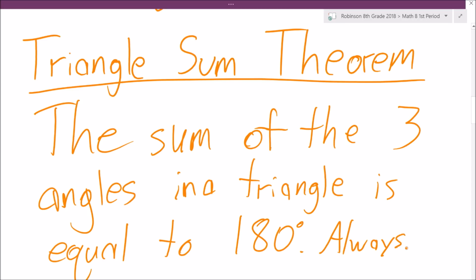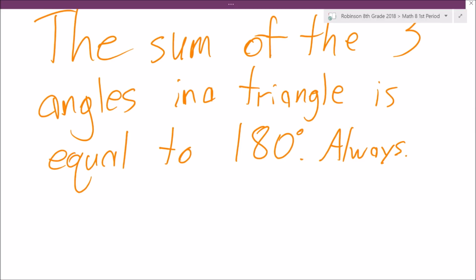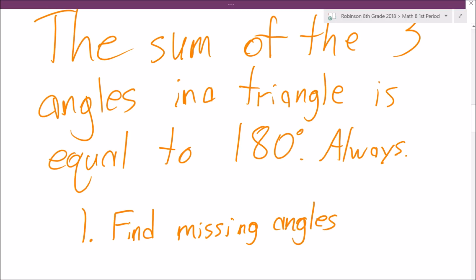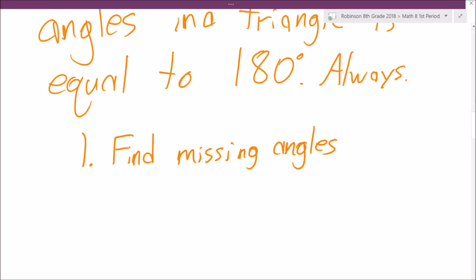Like forever, no matter what, always. Okay, and that's the entire triangle sum theorem. That's it. So we can use this in 2 ways. The first way is to find missing angles. Okay, to find missing angles.